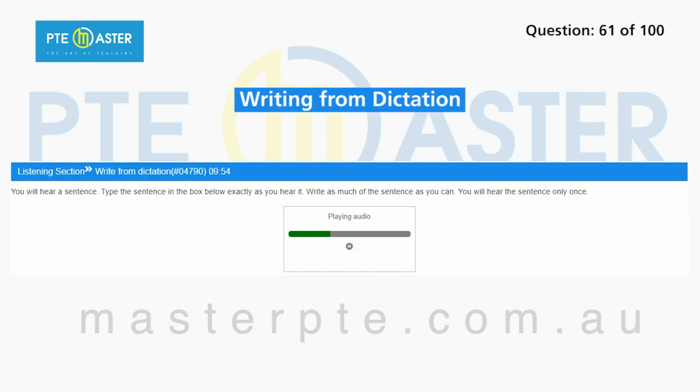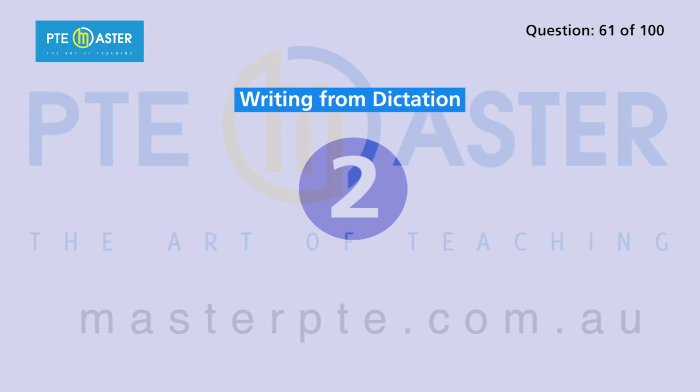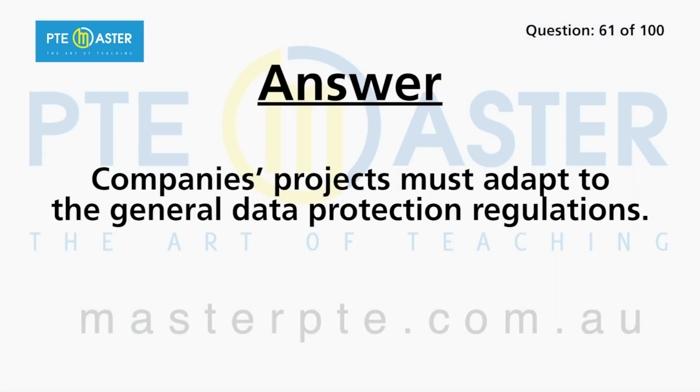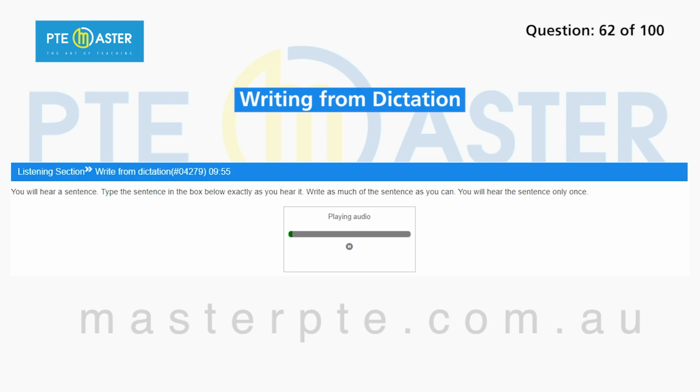Companies' projects must adapt to the General Data Protection Regulations. These words recognize the excellence of undergraduates' research projects.